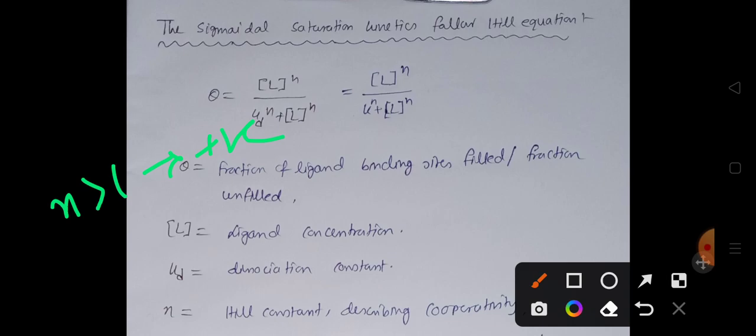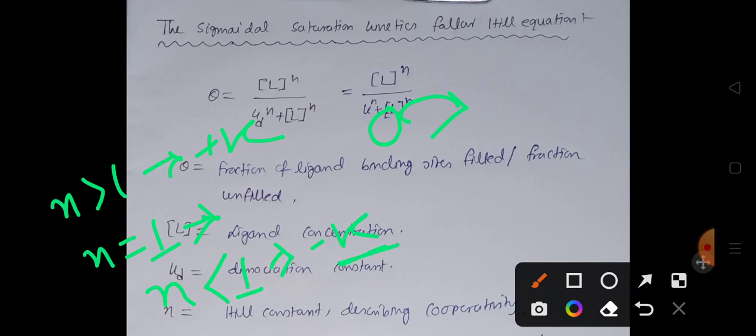I have already told you, that is, the binding of an allosteric modulator at the allosteric site of the enzyme will change the substrate binding site in such a way that it shows a high affinity for that particular substrate, right? And if the value of n is 1, then we will not see any kind of cooperativity. But when the value of n becomes less than 1, we will see negative cooperativity.